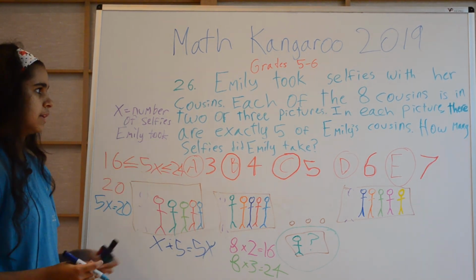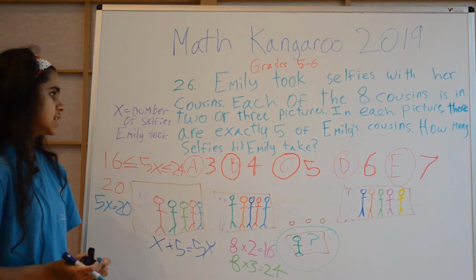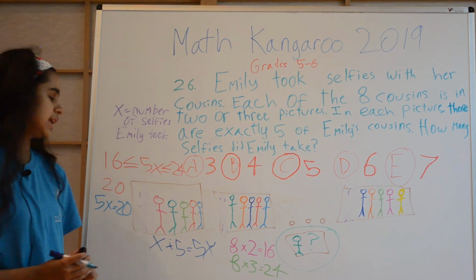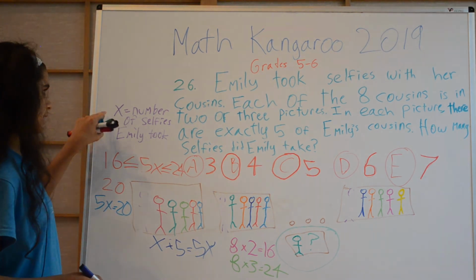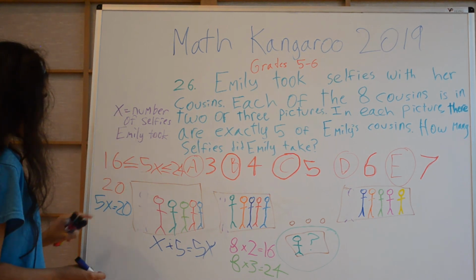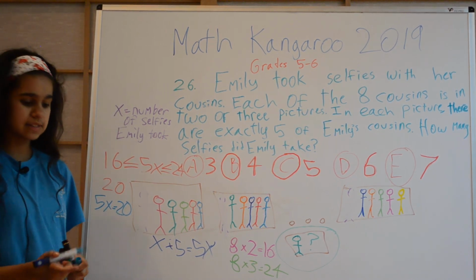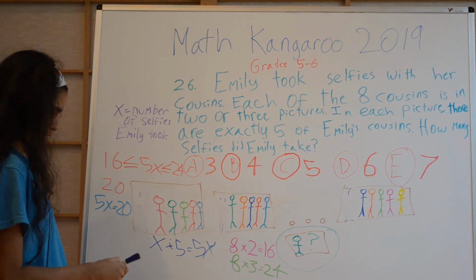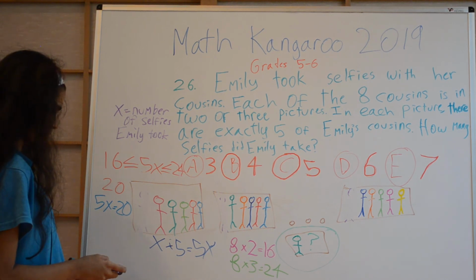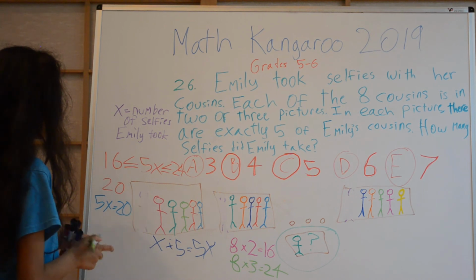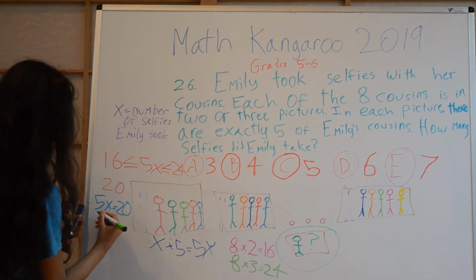If we read the problem again, the thing we're looking for is the number of selfies taken by Emily. So we know that that's x, because that's what we set x to be. So here we'll have to solve for x to get the number. And we can do that by dividing both sides by 5.